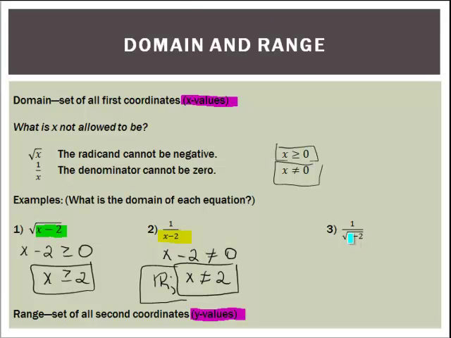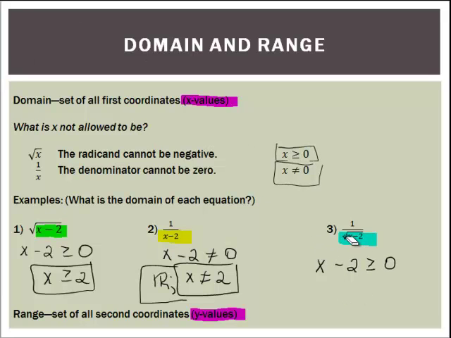Okay, so what about example 3? We have a fraction with an x in the denominator, and we also have an x under a square root. Since it's under a square root, we know that it has to be greater than or equal to 0, right?